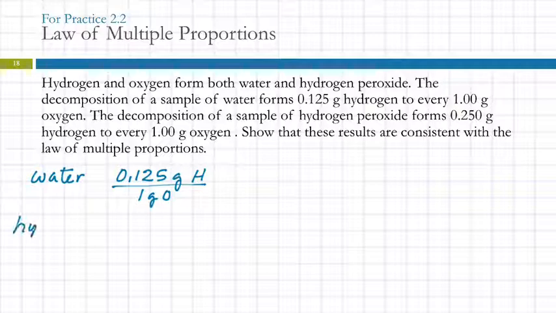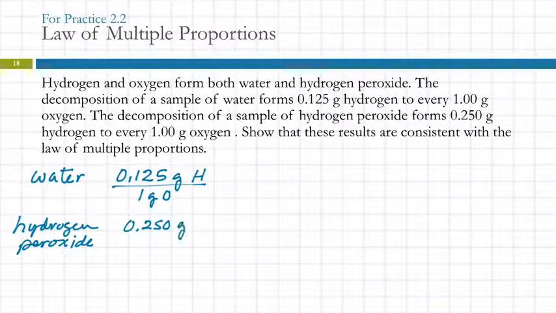And for the hydrogen peroxide, the ratio is different. So this is 0.25 grams of hydrogen for every 1 gram of oxygen.